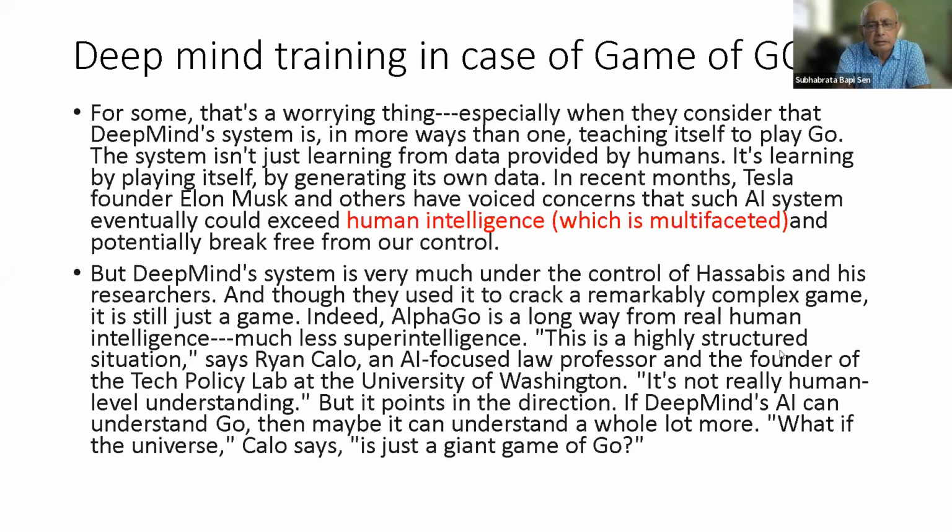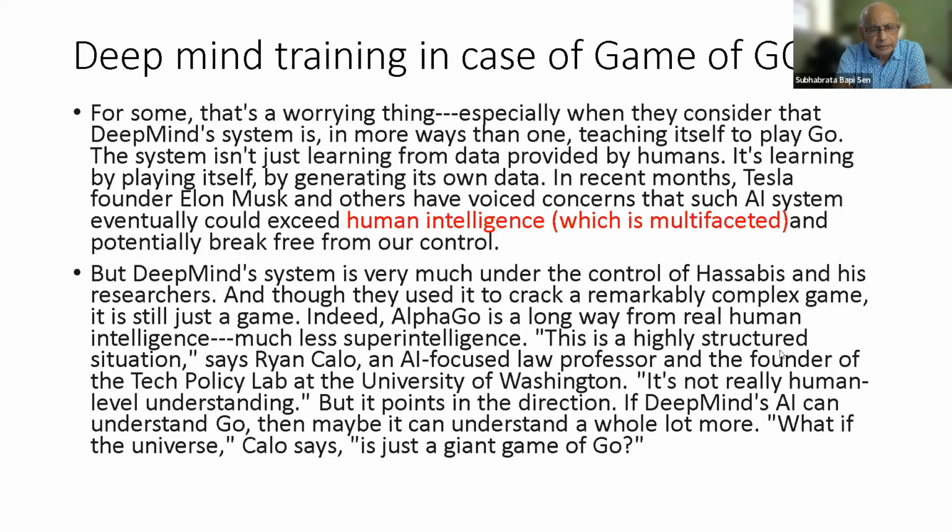It's learning by playing itself, by generating its own data. In recent months, Tesla founder Elon Musk and others have voiced concern that such AI systems eventually could exceed human intelligence, which is multifaceted, a potential break free from our control.